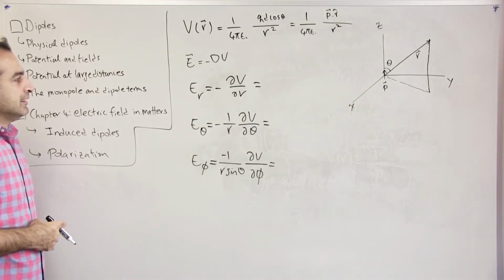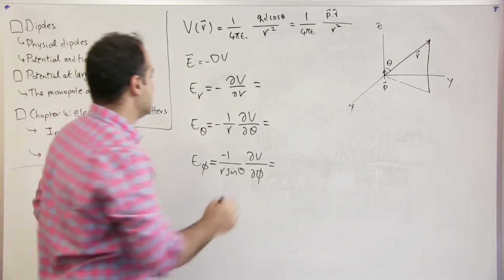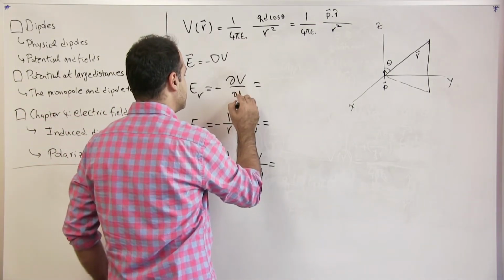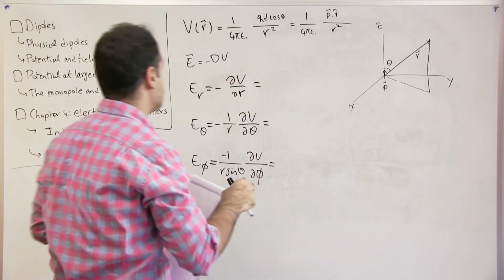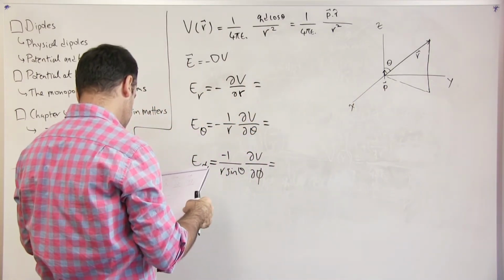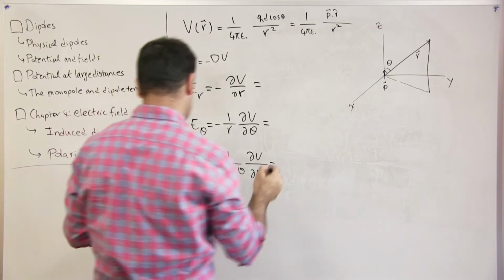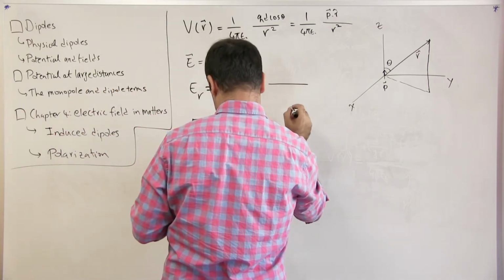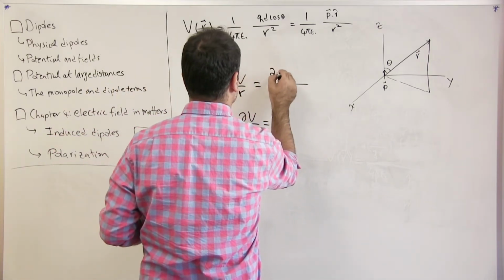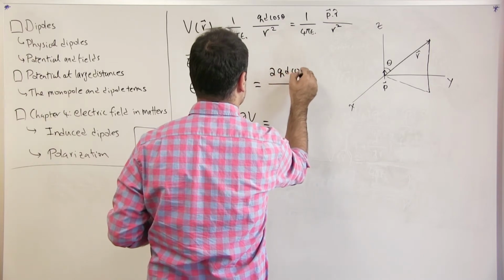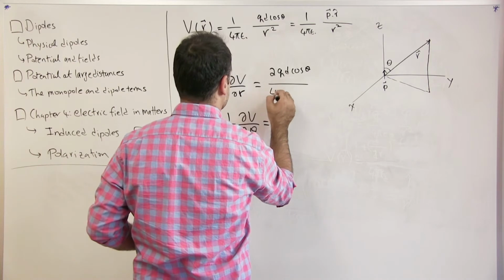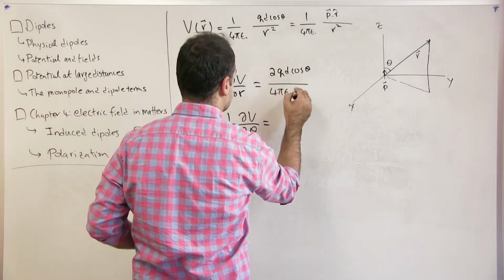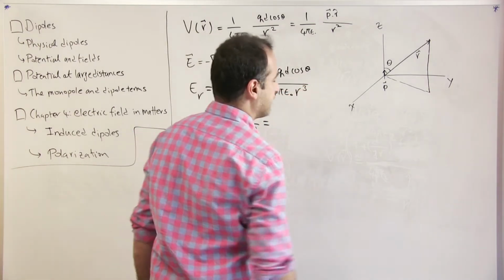Now if you look at the first term, dV over dR, that's going to be 2 Q d cosine theta times 4 pi epsilon 0 R to the power of 3.